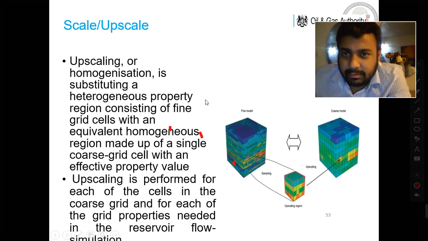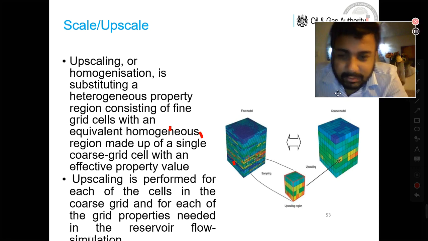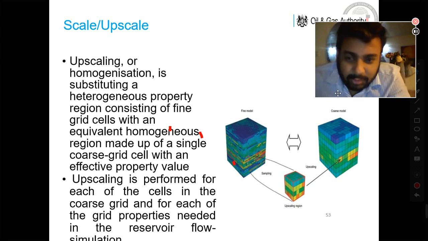After we develop these models, we upscale them. Upscaling means we look at the properties and the heterogeneity. We have the fine model, and our main objective is that our model has to behave like the real reservoir. So sometimes we upscale them. For example, here you can see the blocks are small, then we make them bigger grid blocks.